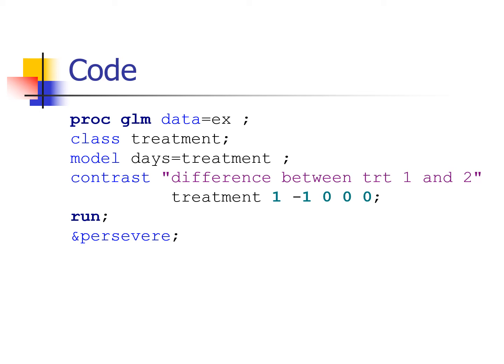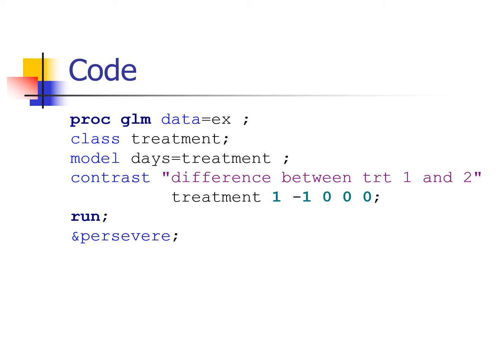So I'm not going to get too deeply into why this works and what's going on with the 1 and the -1. For now, hopefully you can take my word for it. You have these 5 different numbers: 1, -1, 0, 0, 0. The 5 numbers correspond to our 5 treatments. If you want to compare any 2 of them, you put a 1, a -1, and everything else 0.